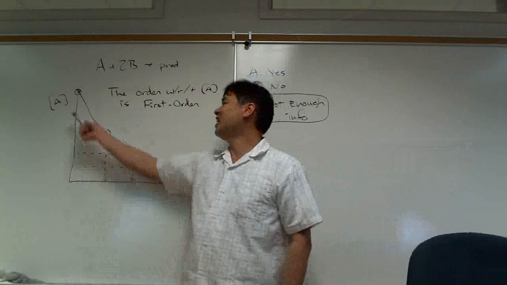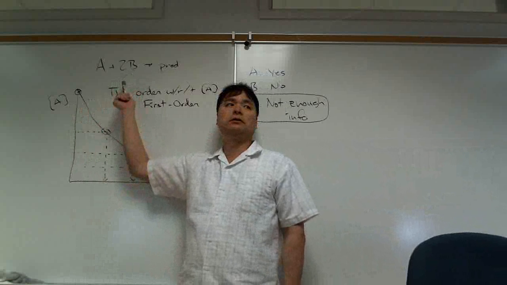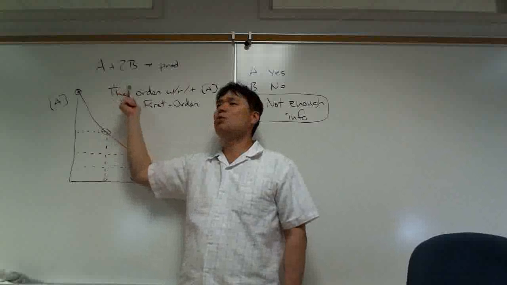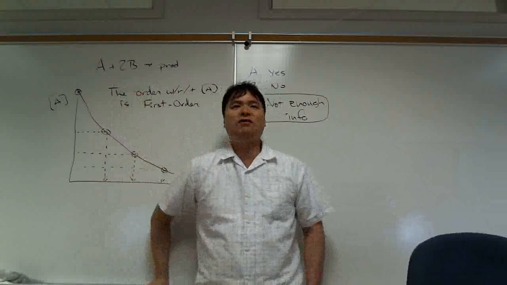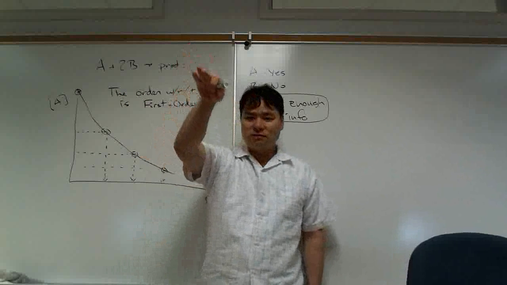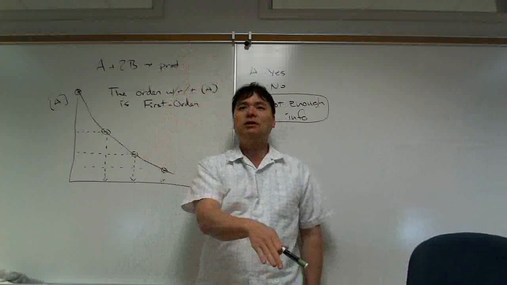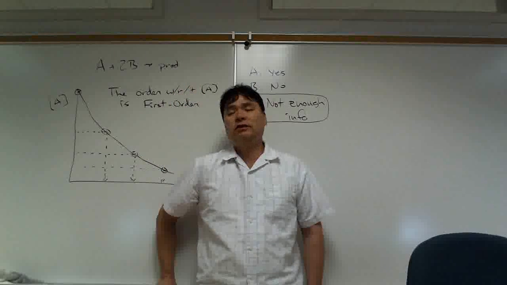But at the same time A is being consumed, what's happening with B? B is being consumed twice as fast. And so what influence does B have on the rate of the reaction? Because if B's concentration is falling off a cliff, then is that going to slow the reaction down as well? It could very well be.